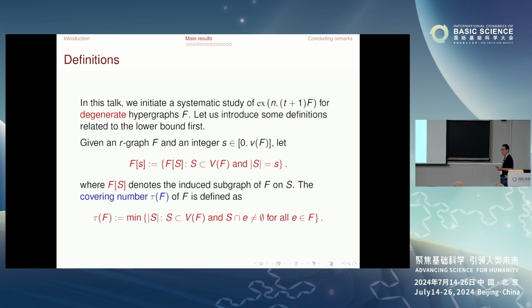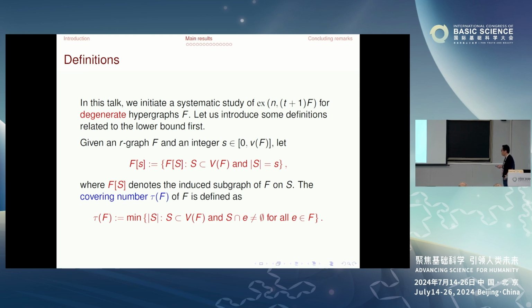Now we want to talk about the degenerate case. Before that, I need some definitions. First, let F be an r-graph and s be an integer. We use this notation F_s to denote the collection of induced subgraphs of F on s vertices.